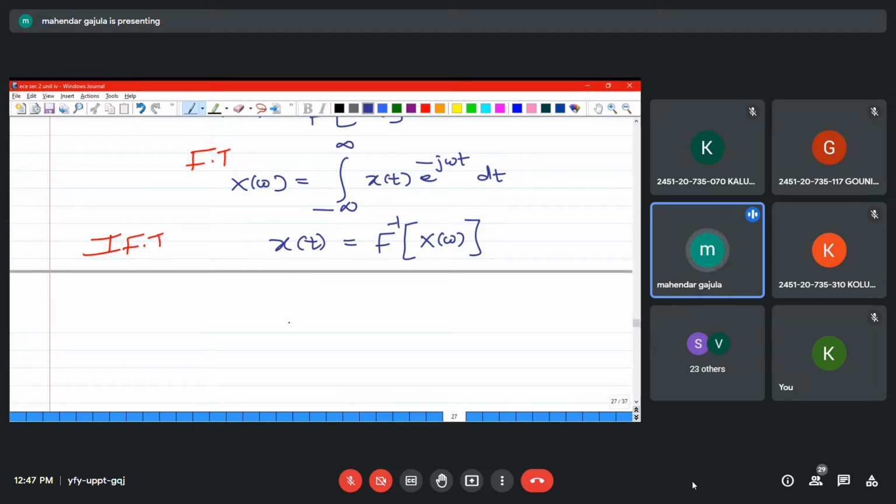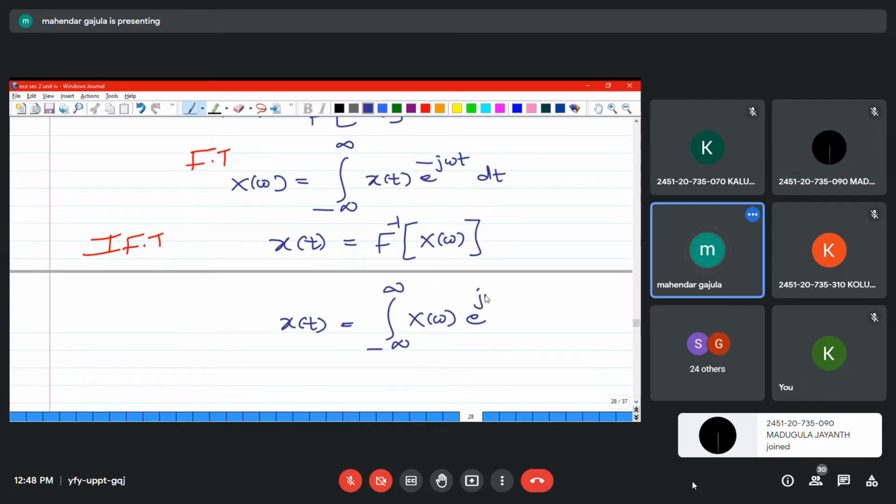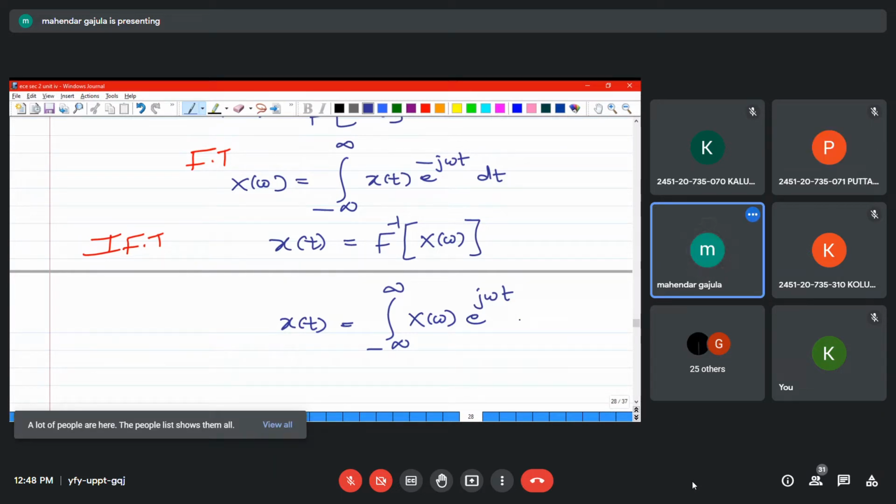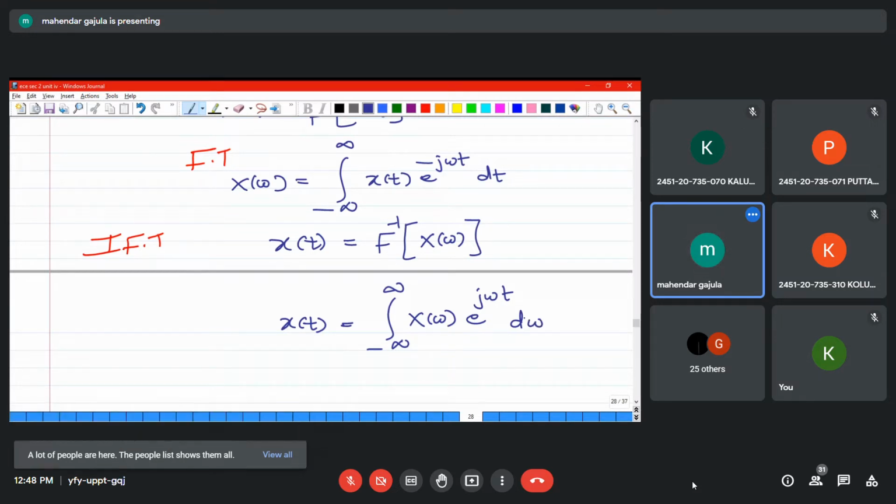So x(t) equals integration from minus infinity to plus infinity X(omega), this time e power j omega t. The left side depends on t, the right side has two parameters, so we have to eliminate omega, so we integrate with respect to omega. These are the Fourier transform and inverse Fourier transform formulas.